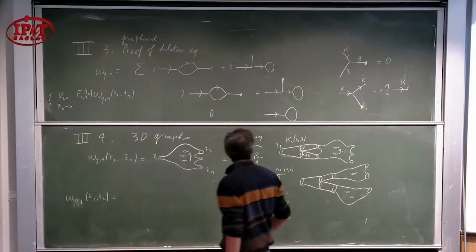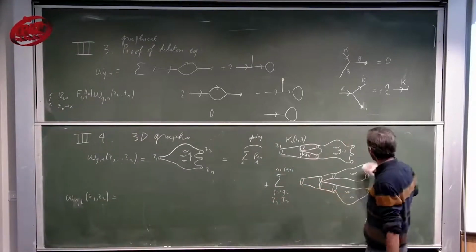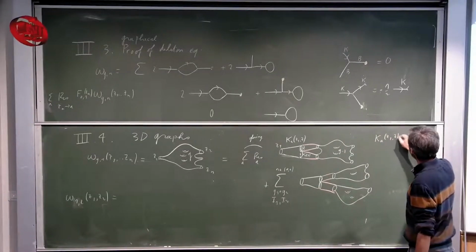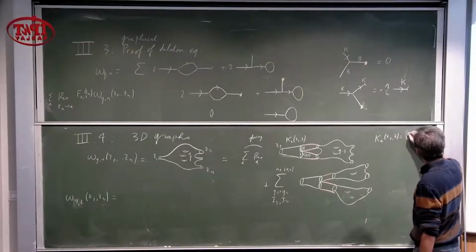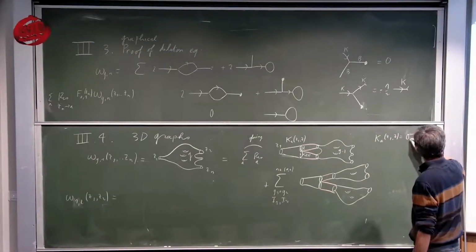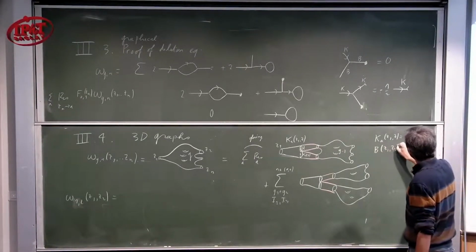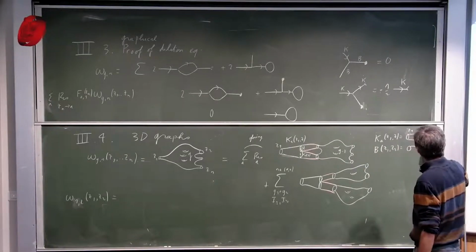So if you want, A of Z1, Z is now represented in this way. And B of Z1, Z2 is just a cylinder.